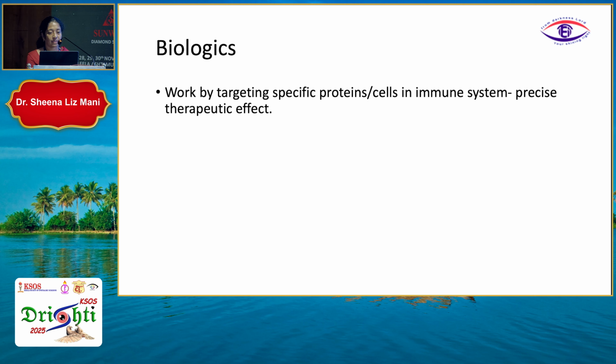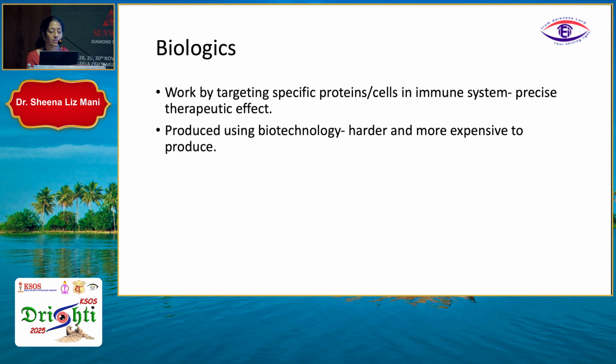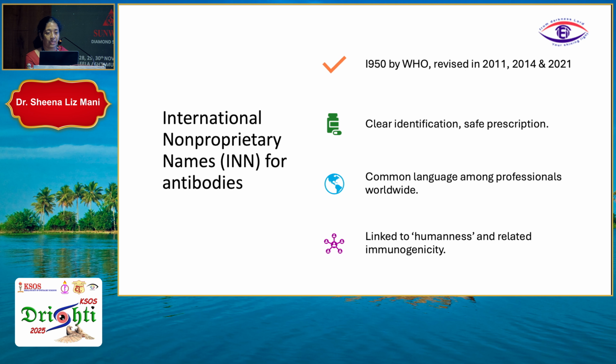They work by targeting specific proteins and cells in the immune system with precise therapeutic effect. It's produced using biotechnology, so it's harder and more expensive to produce, and it's complex in nature, so most of these drugs are administered via injections or infusions.